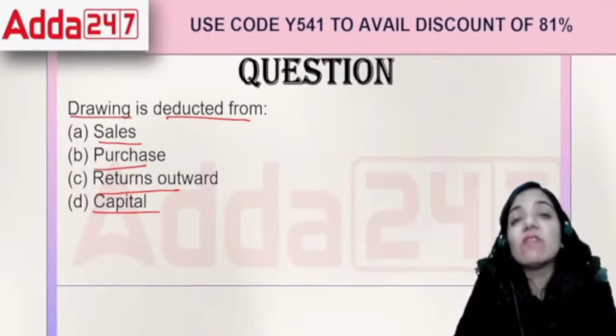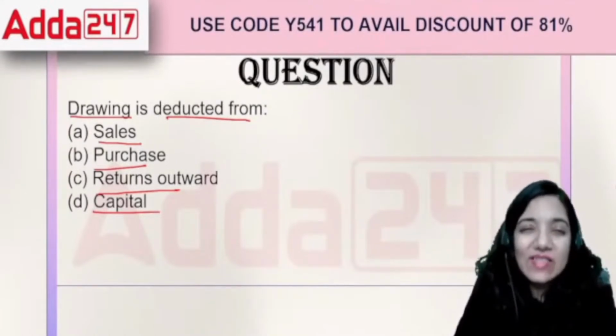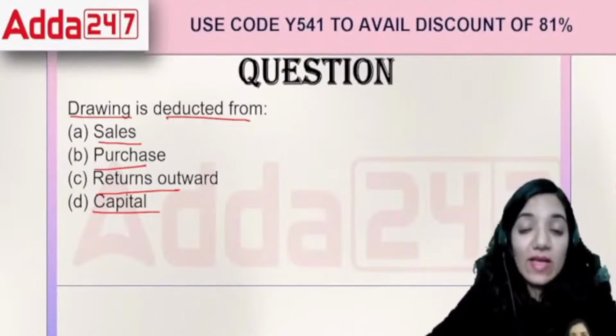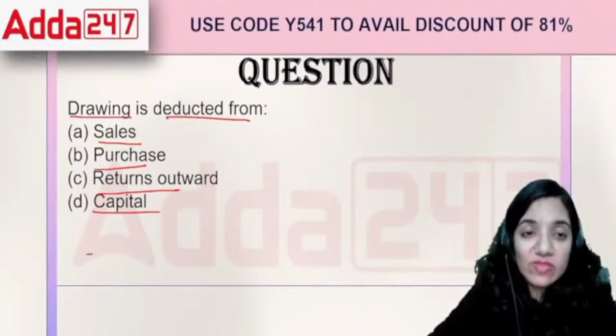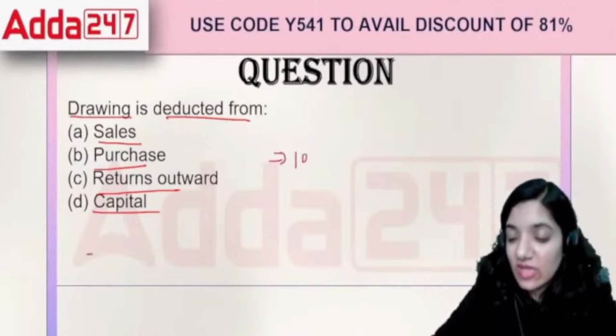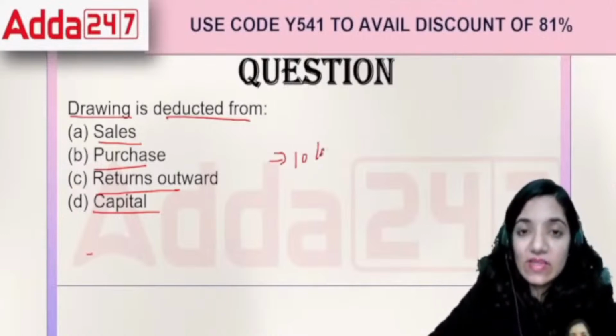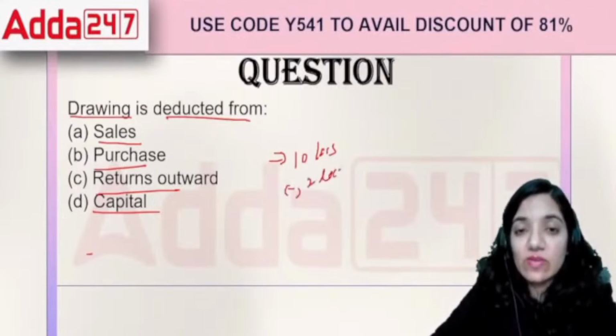But that means that whatever money I invested in the business is being lessened because I am taking money out of the business. For example, I introduced 10 lakhs in the business and then I withdrew rupees 2 lakhs out of it, right? So that gives 8 lakhs.